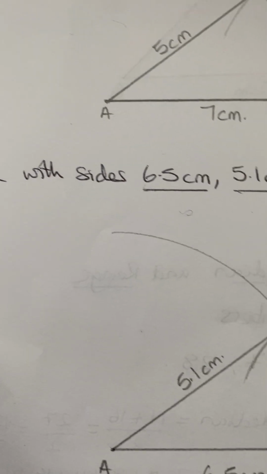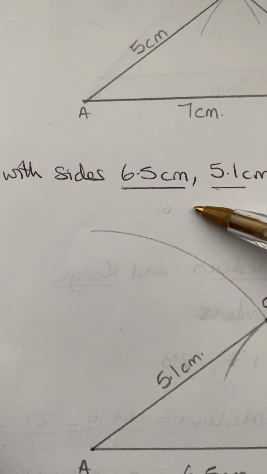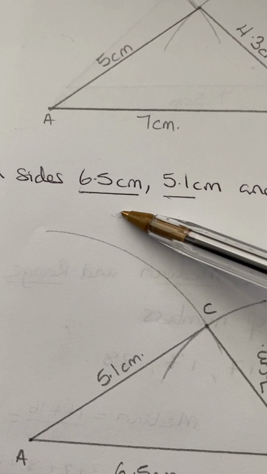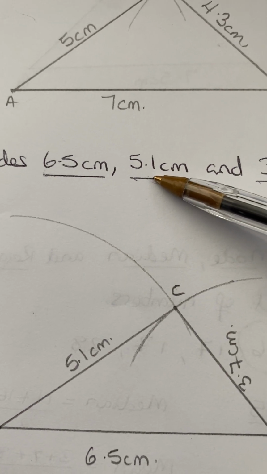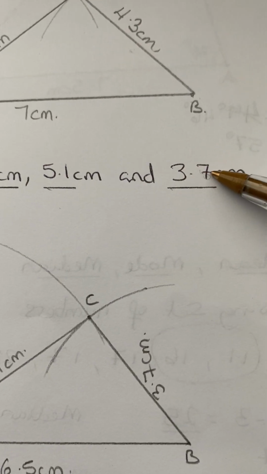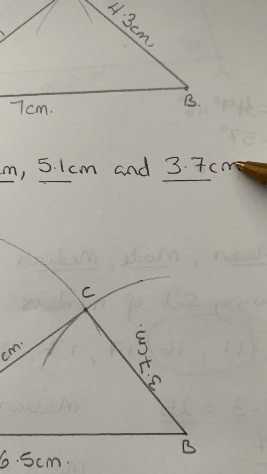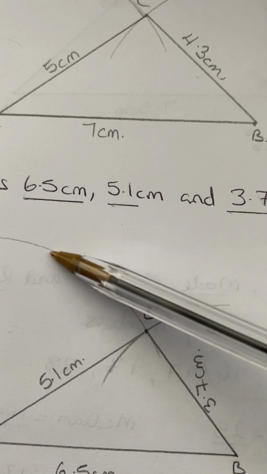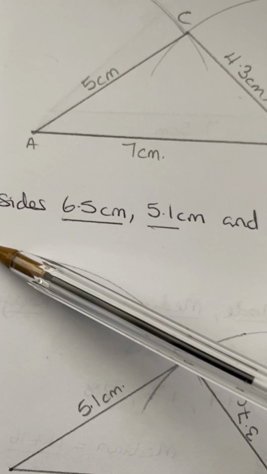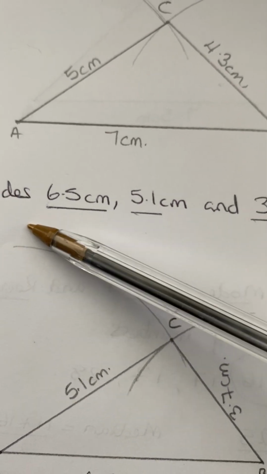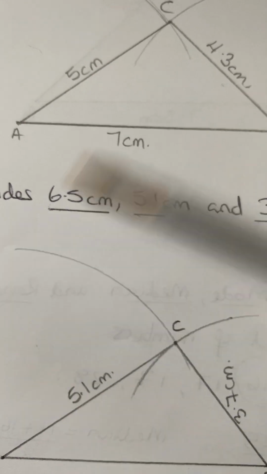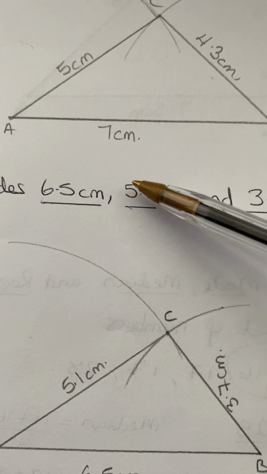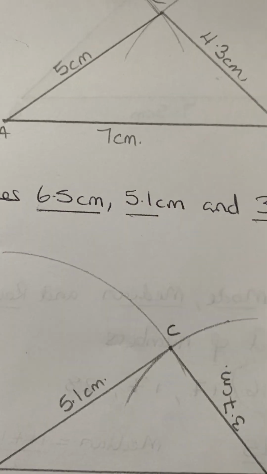So we have sides 6.5 centimeters, 5.1 centimeters, and 3.7 centimeters. Okay, assuming you were given them in meters, then you say that a scale of 1 centimeter equals 1 meter, so that you can easily work, because your ruler comes in centimeters.